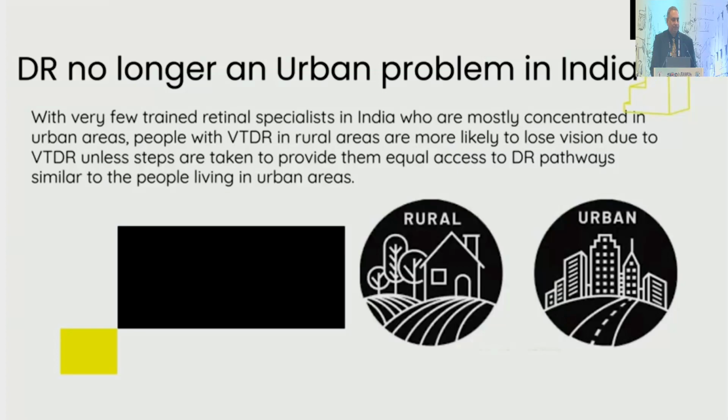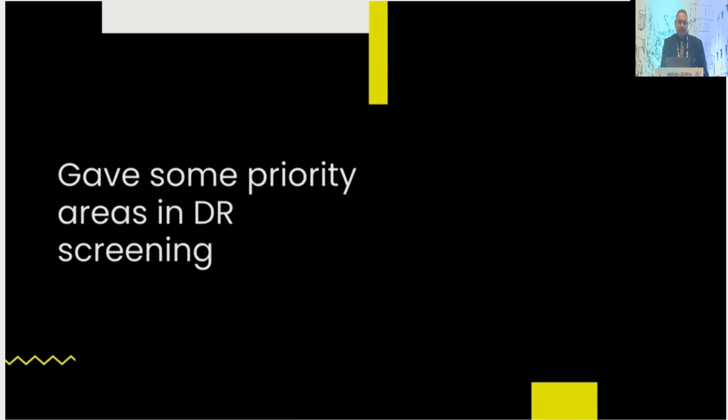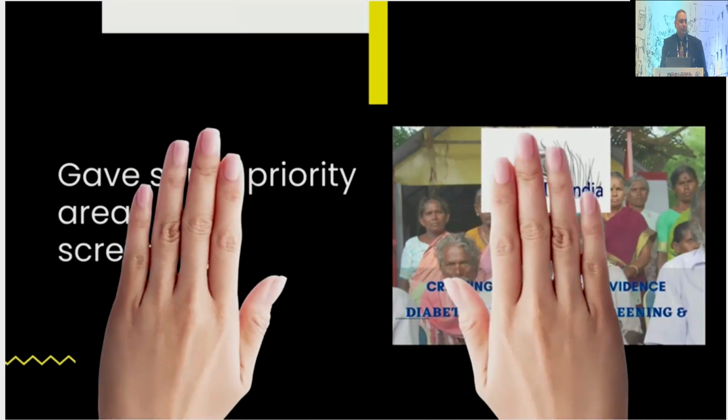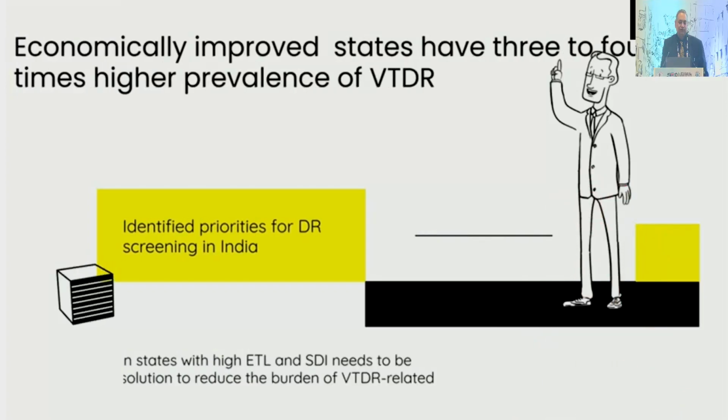Urban problem, where both rural and urban areas have equal prevalence. We came out with some priority areas that you need to screen.